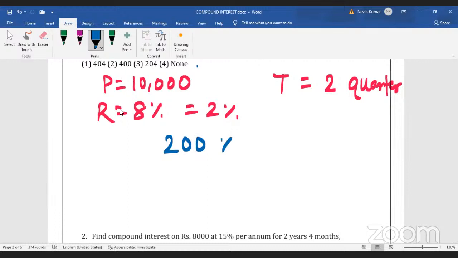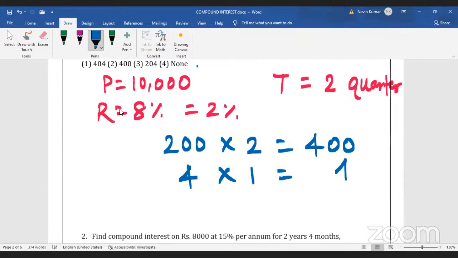This 200 will be multiplied with 2, so it will become 400. Then 2% of 200? 4. This 4 will be multiplied to 1 because formula is 2, 1. Now add everything, that is your answer. 404. Option 1. आया समझ में क्या किया हमने?